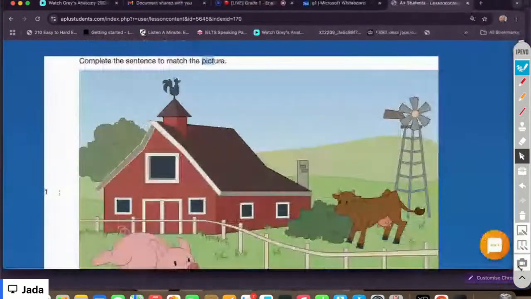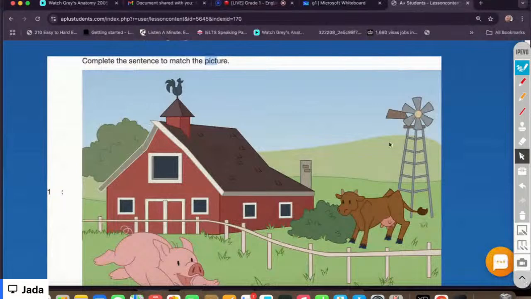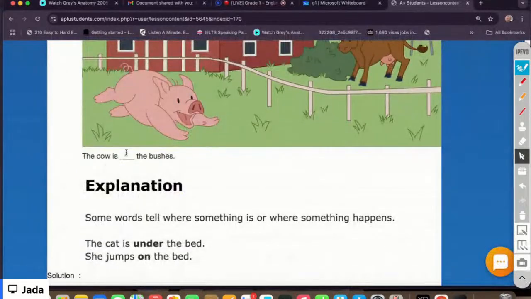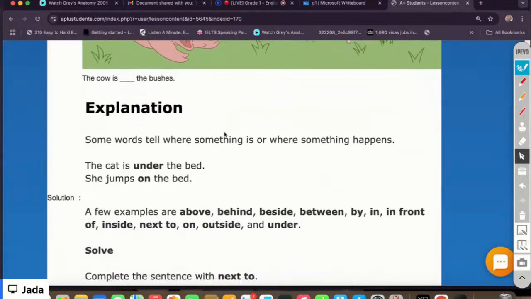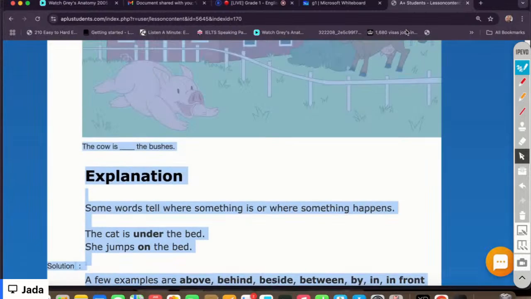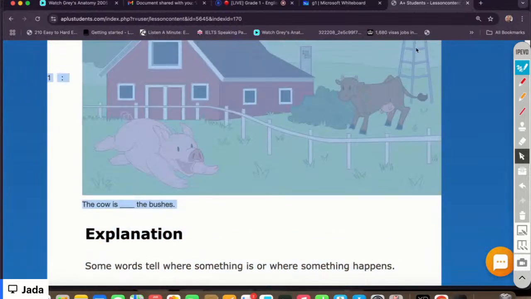The cow is dash the bushes. So what would be the right preposition to complete this picture? So we will have the cow is next to the bushes. So it's like the cow is beside the bushes.